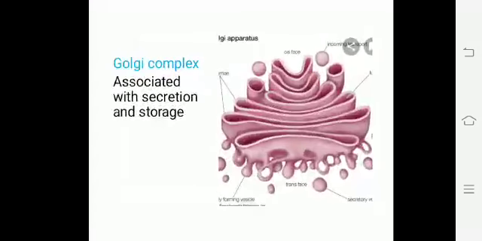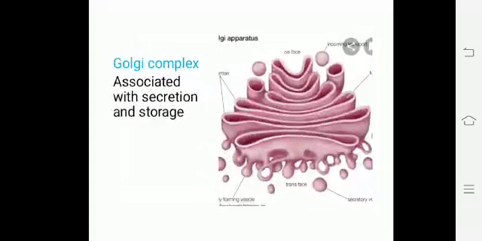Next one, Golgi complex, Golgi apparatus. What is the structure of the Golgi apparatus? It is a sac-like structure, stacked or flattened, membrane-bounded vessels. Then what is the work of the Golgi complex? It packs substances such as enzymes and hormones.